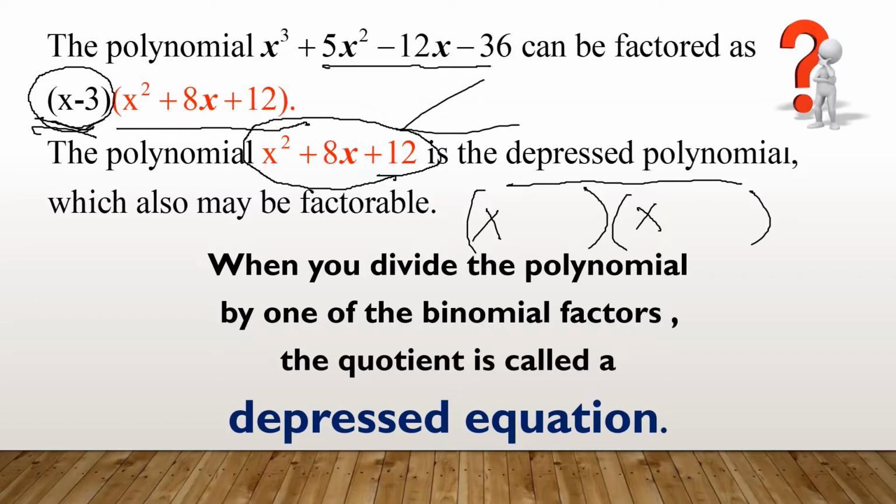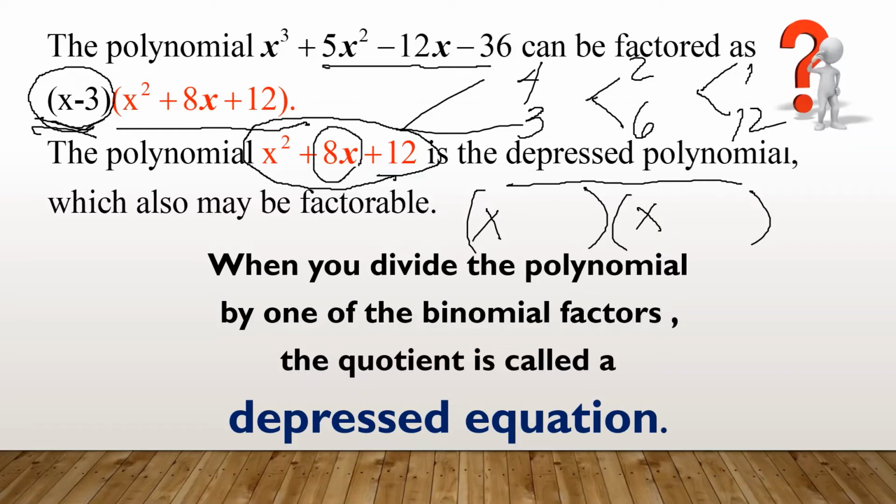Looking at this 12 here, we have to think of the factors. What are the possible factors? So we have 4 and 3. We have 2 and 6. We have 1 and 12. So we have to choose. What is our basis of choosing the factors? Of course, it's the middle term here.